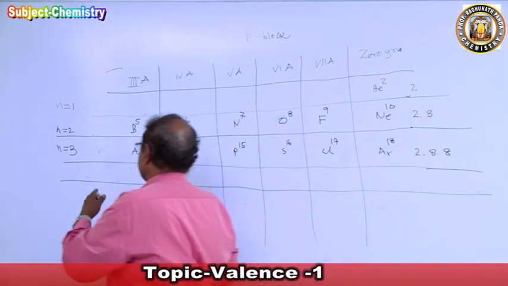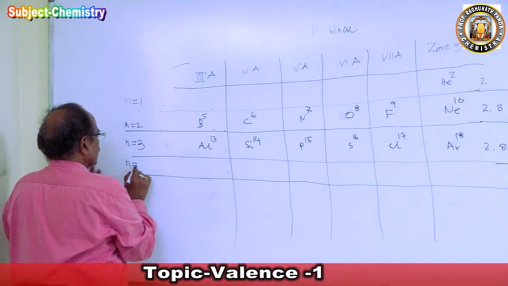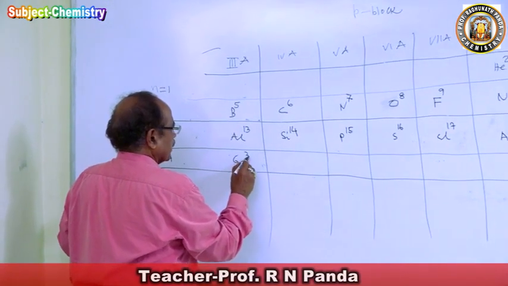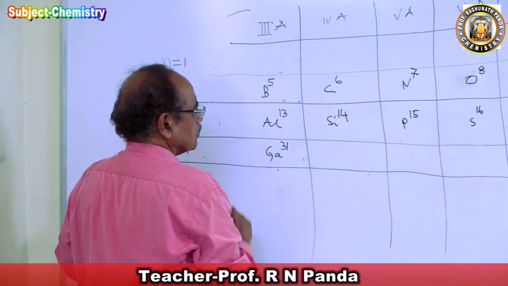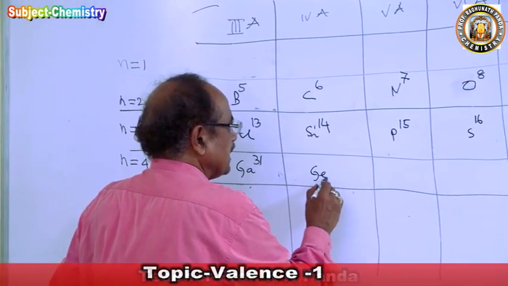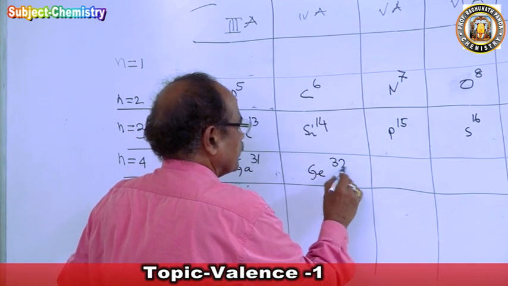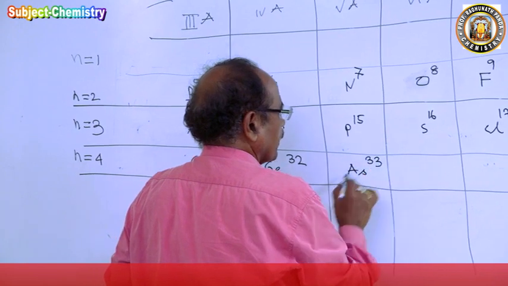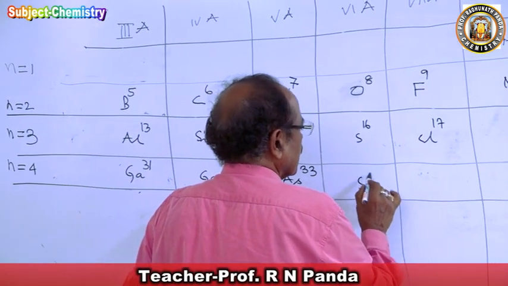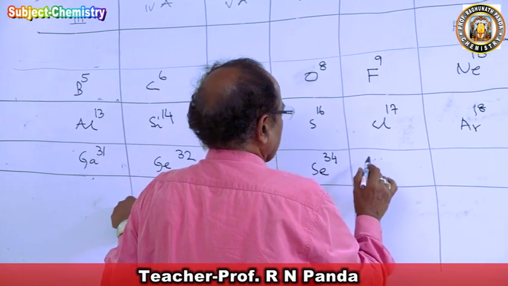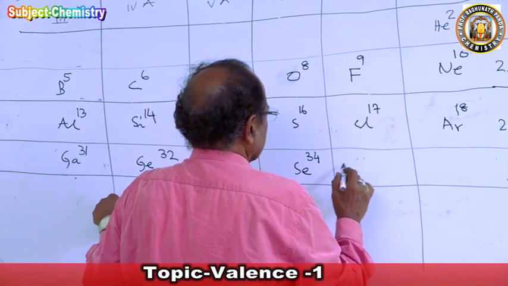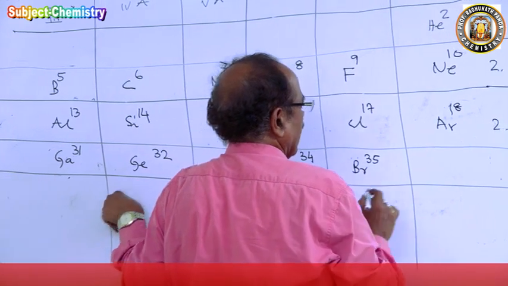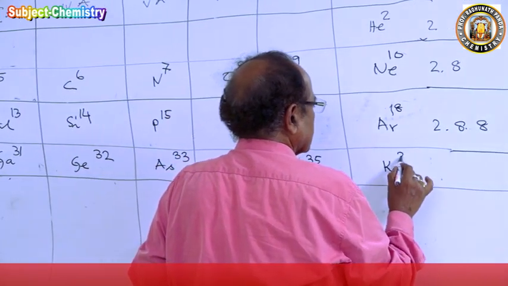We come to n is equal to 4: gallium, atomic number 31, germanium, Ge, 32, then arsenic, As, 33, then selenium, 34, then bromine, 35, and krypton, 36.